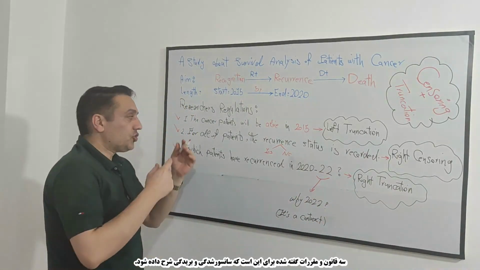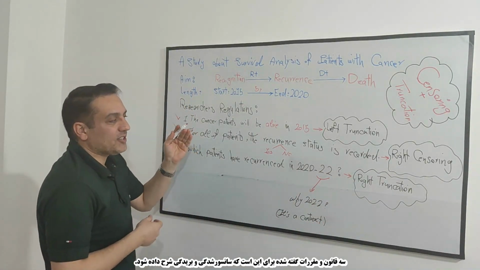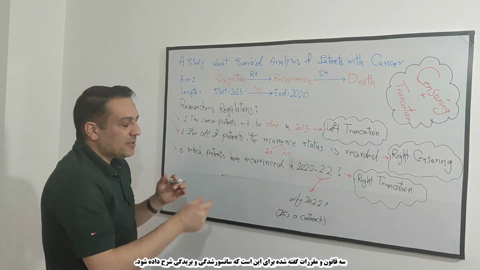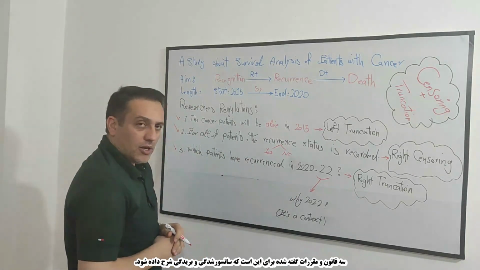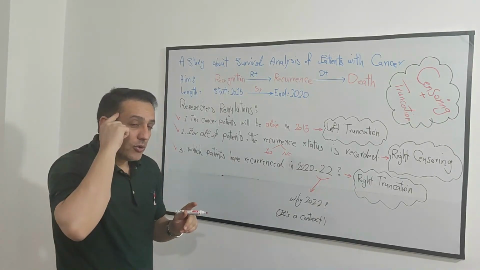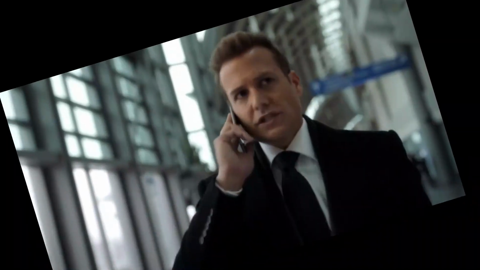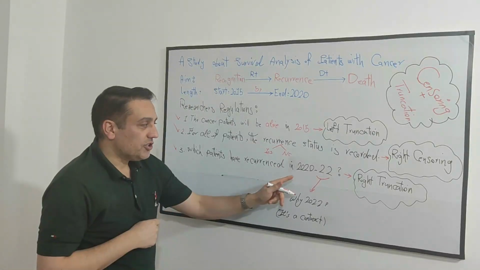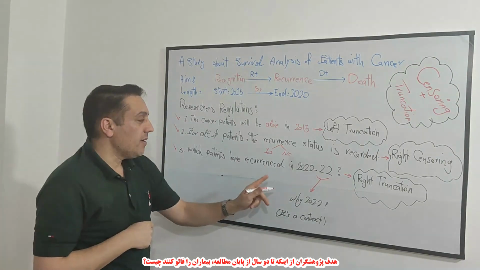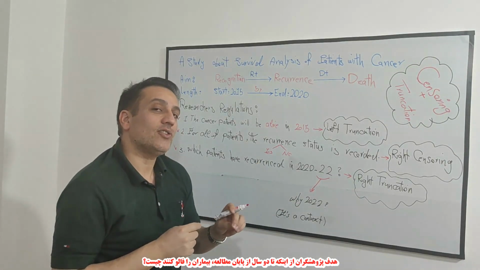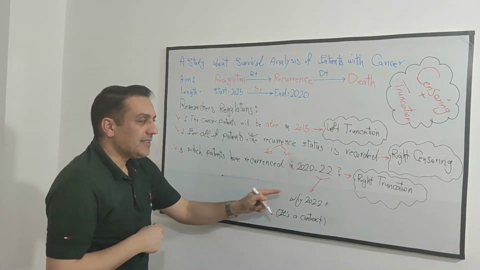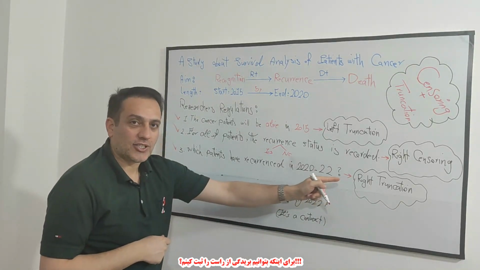Then we have 3 regulations or assumptions to explain truncation and censoring. But maybe you have another question. Why did researchers follow patients 2 years after the end of the study? This is needed for right truncations.